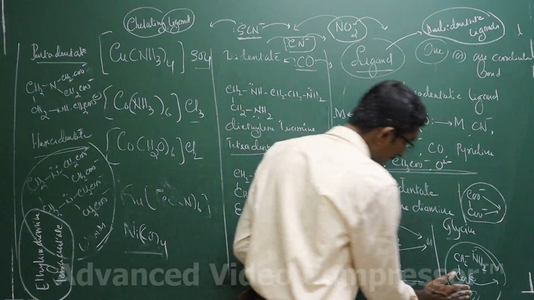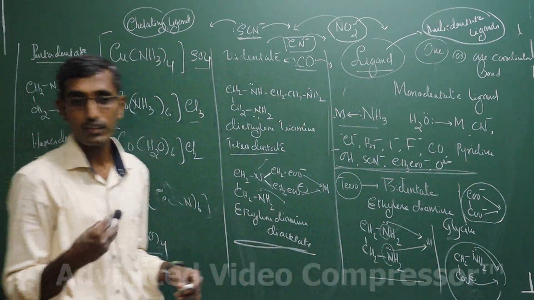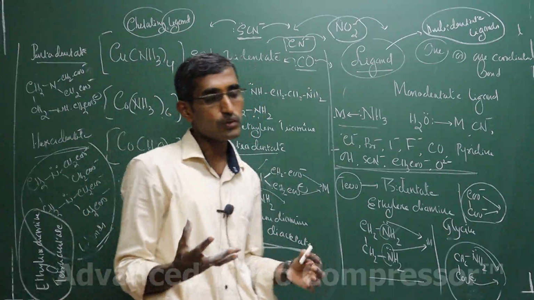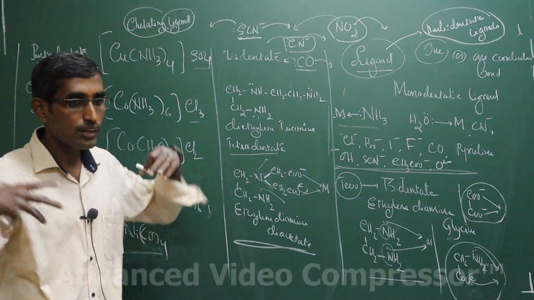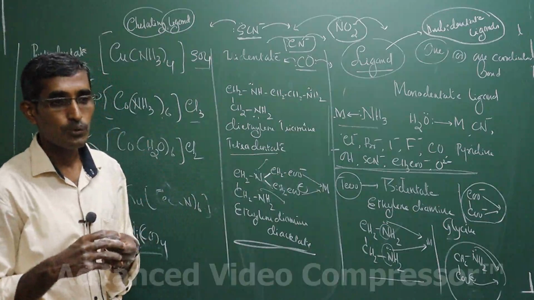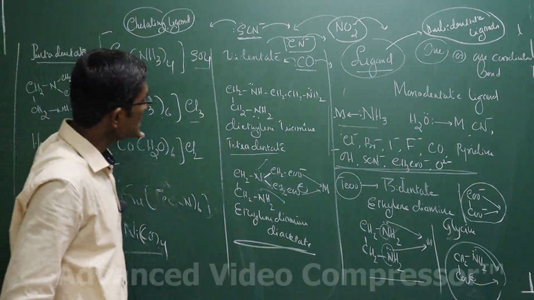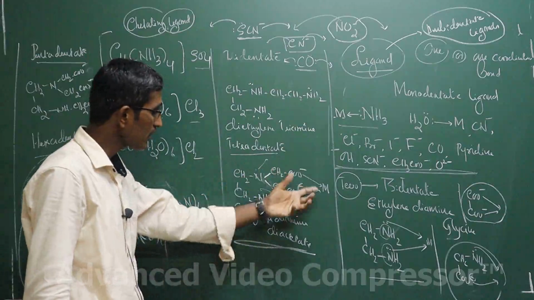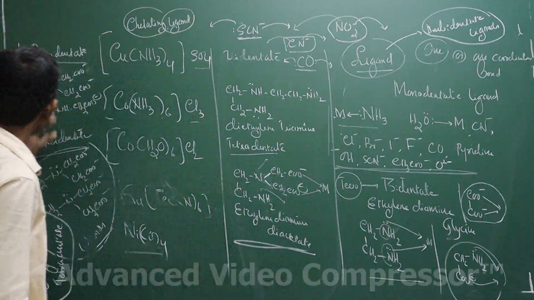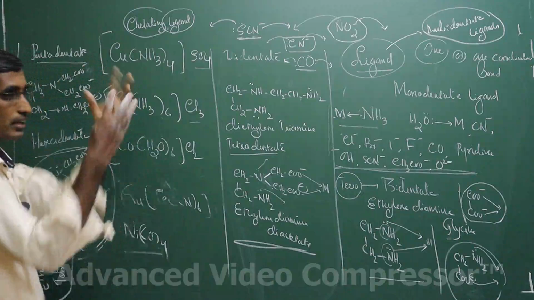So polydentate ligands, it could be a bidentate ligand or a tridentate ligand or tetradentate ligand. In other words, if the ligand coordinates to the central metal ion using 2 or more coordinating atoms, such ligands can make a ring with the central metal ion. If I keep a metal ion here, this ligand can make a ring.